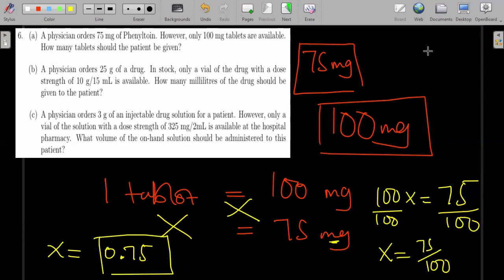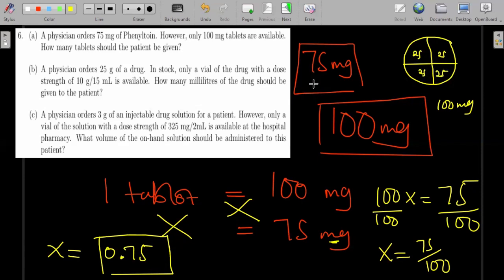If you notice, those tablets are like this. If one of these is 100 milligrams, how should the one with 75 milligrams look? You've noticed that on the tablet there are those two demarcations. If this is 100, it simply means each section here is 25.